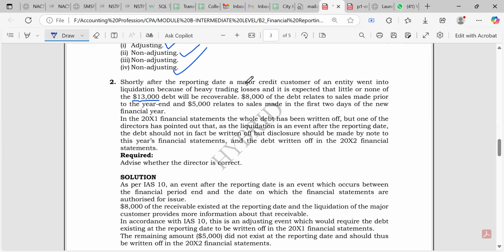But now the question tells you 8,000 related to the year, so it should obviously be accounted for. While 5,000 related to the sales after the year. You have to be careful, 5,000 was the sales after the year, and obviously you cannot recognize them.